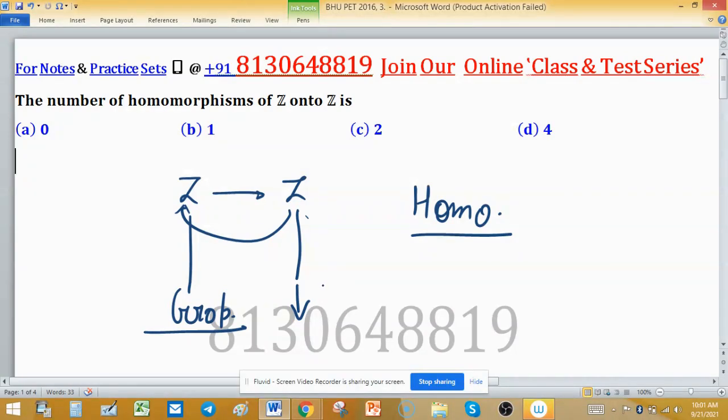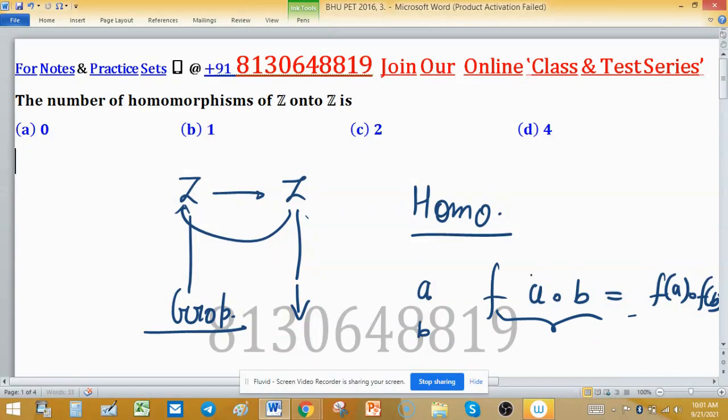A group homomorphism preserves the operation. If two elements a and b have the binary operation applied, then the image also satisfies this property, meaning f(a operation b) equals f(a) operation f(b).